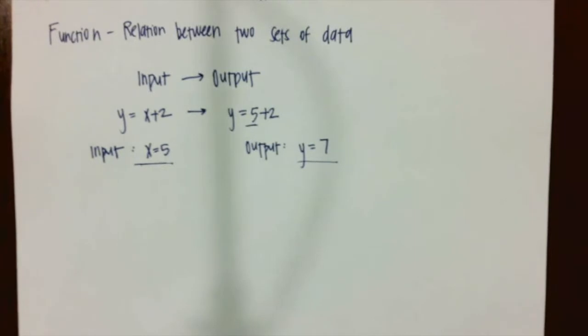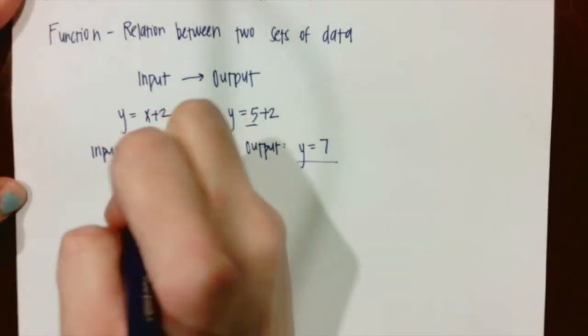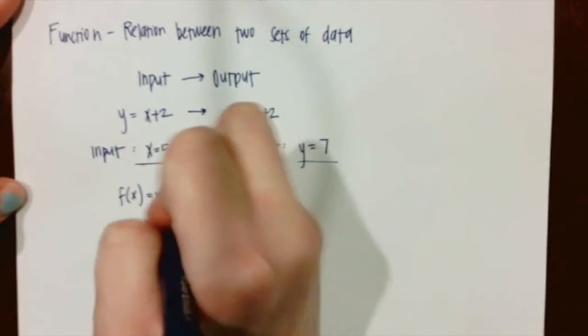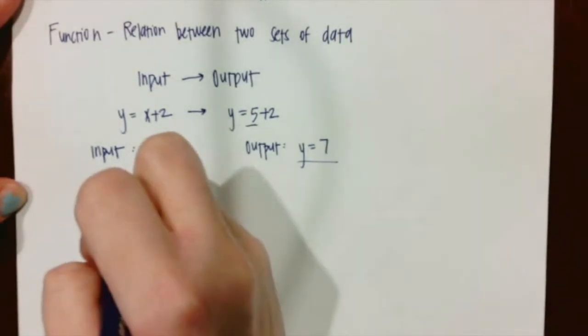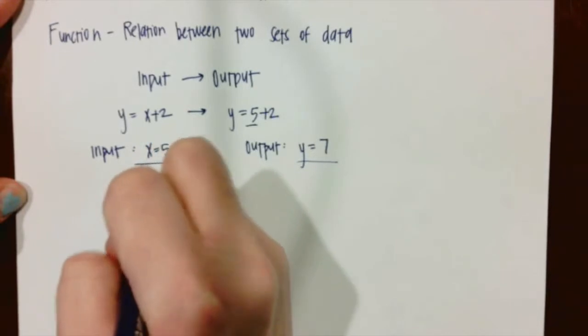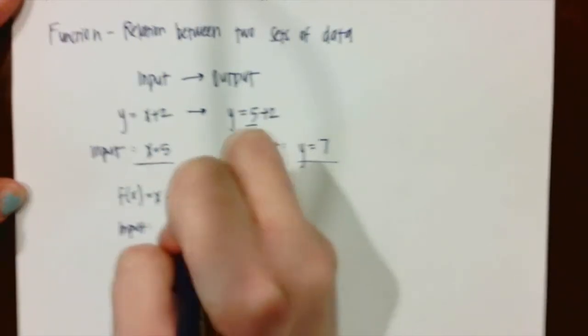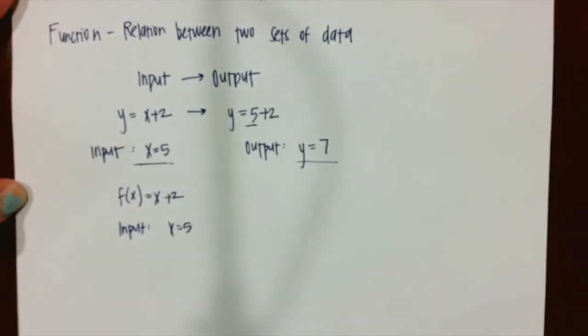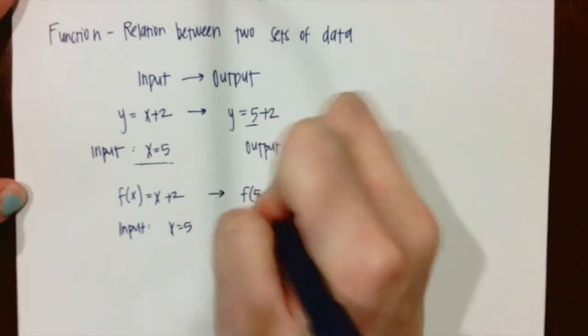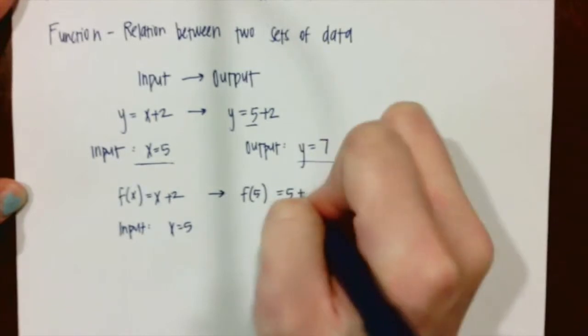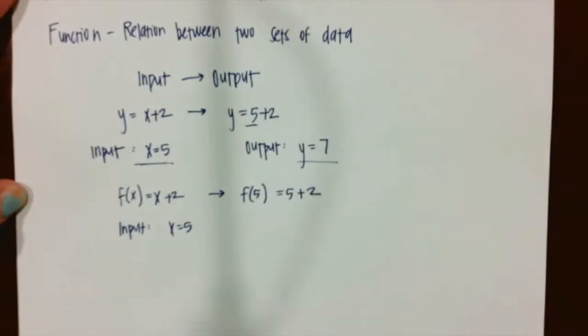We also learned how to do this in function notation. So we can take the same equation, but instead of saying y equals x plus 2, I'm going to say f of x equals x plus 2. If my input is x equals 5, f of x is going to turn into f of 5 equals 5 plus 2.